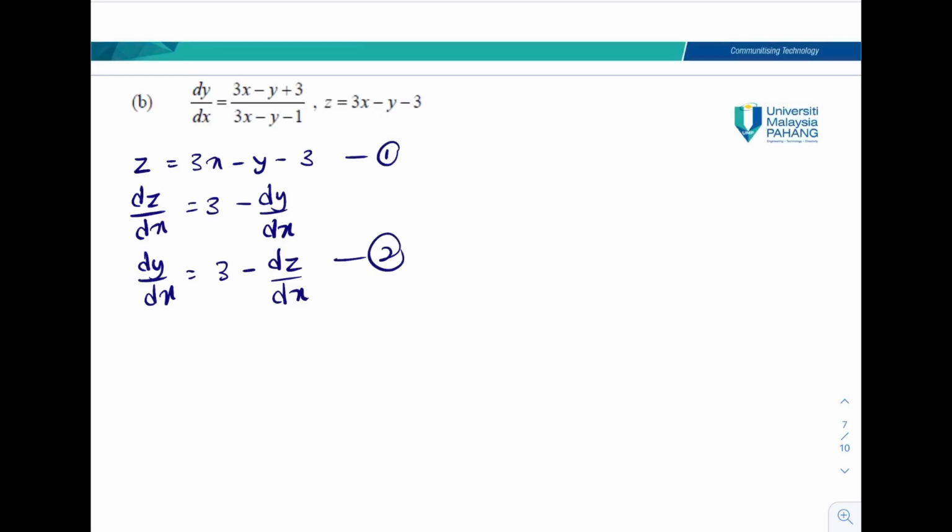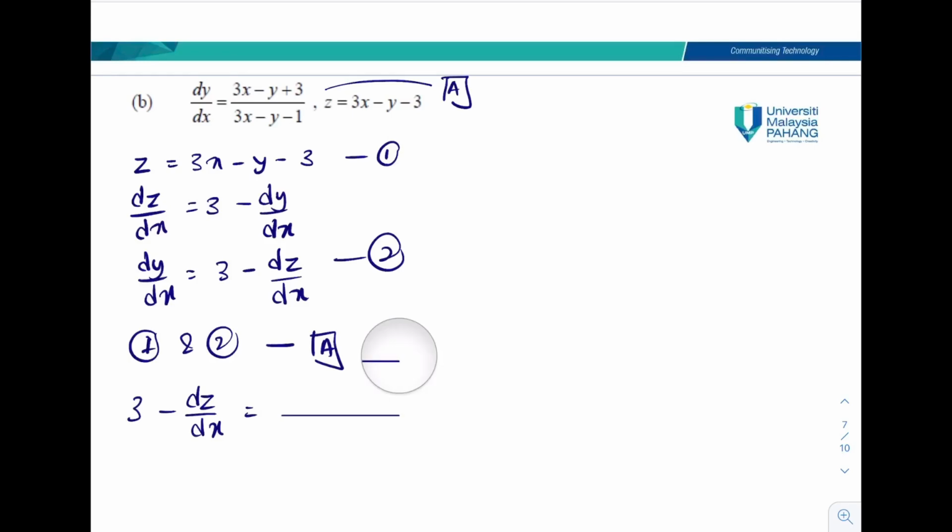Okay, so now we substitute equation 1 and equation number 2 into the A. I name this one as A, for us to easily call the equation. Okay, so then 3 minus dz/dx equals to... alright, so now you have to focus on, we have 3x minus y plus 3.